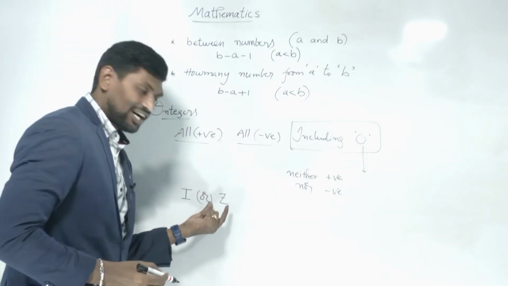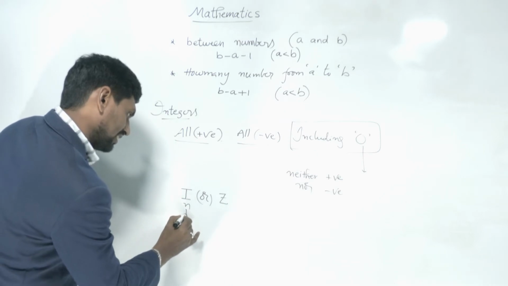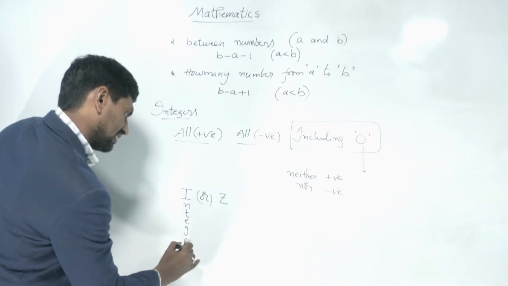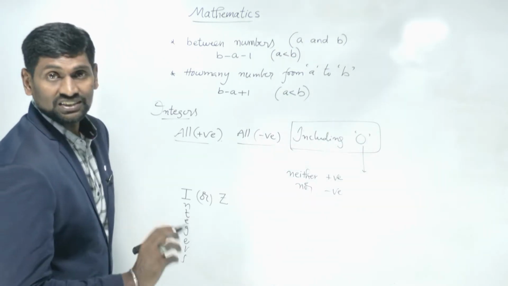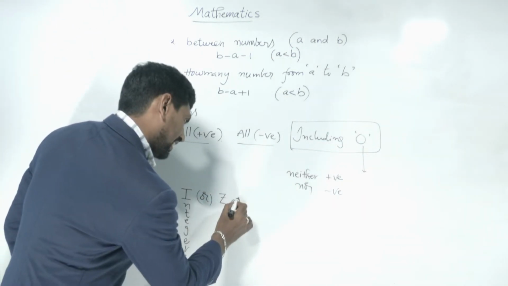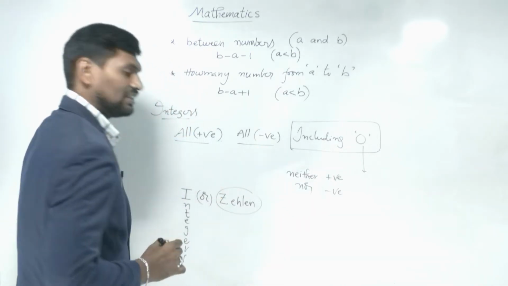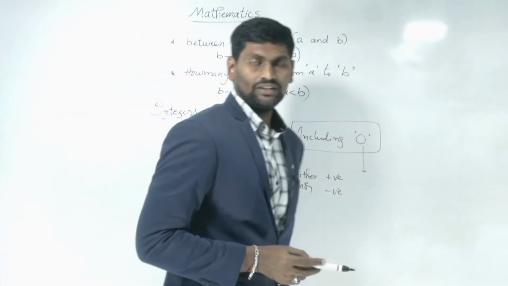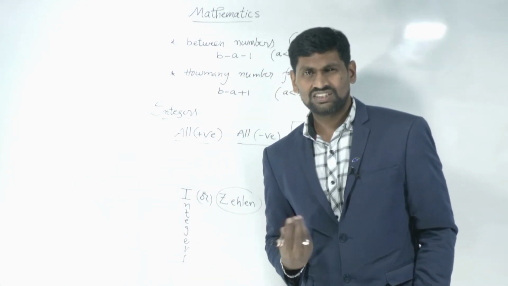And I asked, what is Z? I means integers. What is Z? In the international system, Z is called Zahlen. It is a German word, nothing but to count.